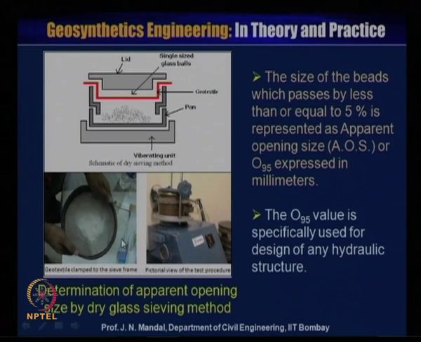This is the geotextile, clamped inside the sieve frame, and this is the pictorial view of the test procedure. You can see this is the schematic of the dry sieving method. This is the vibration unit, and this is the pan, and this red color is the geotextile material, and the glass beads are passing.